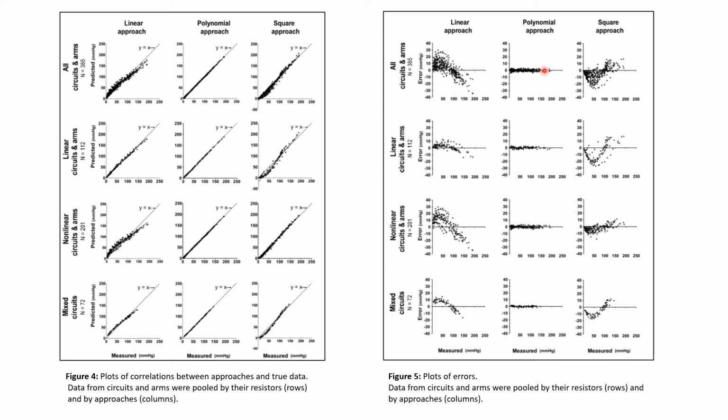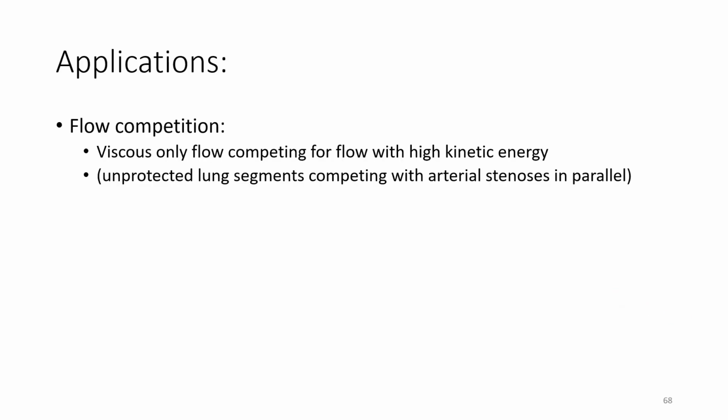This is the error graph, the Bland-Altman plot, and the linear approach would have this type of error, and the square approach would be this type of error. You can see that one is symmetrical to the other because this is the true and this is the aberrant view from the square, quadratic, or the linear, which is a ratio approach.